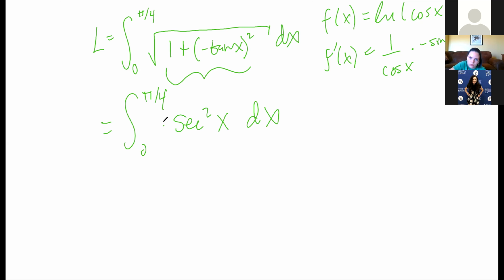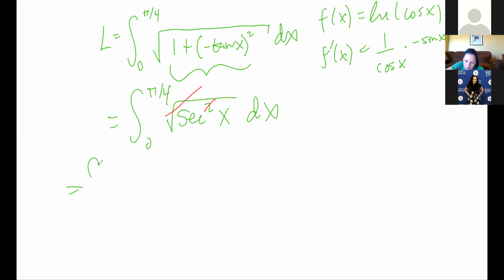So that'd be under the radical. So then the squared and the square root would cancel. And you'd end up with secant dx, which is probably where the confusion set in, I'm assuming.